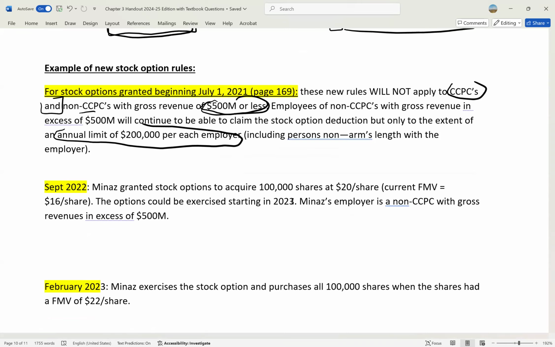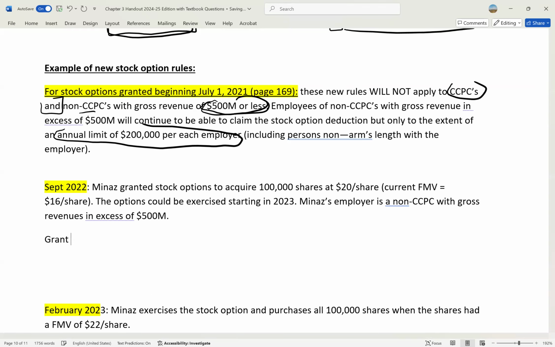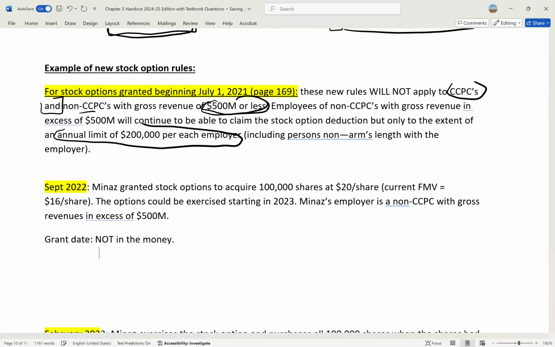The options can be exercised starting next year, and his employer is a non-CCPC, and the gross revenues are in excess of 500 million. So the new rules will apply. So what happens then is this is the grant date. We know that the option was granted not in the money. So that's one thing that we did from the earlier example.